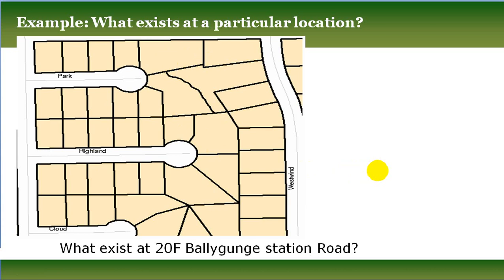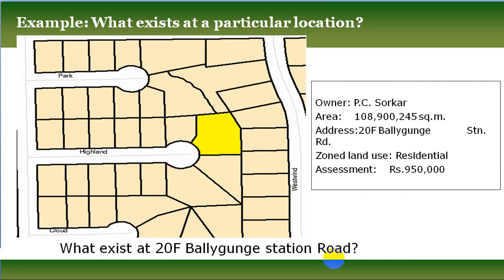All these holdings have a particular address, so you provide the address and you want to know what exists at this particular address. Now the GIS software shows you on the map what exists at 20F Baligon Station Road.